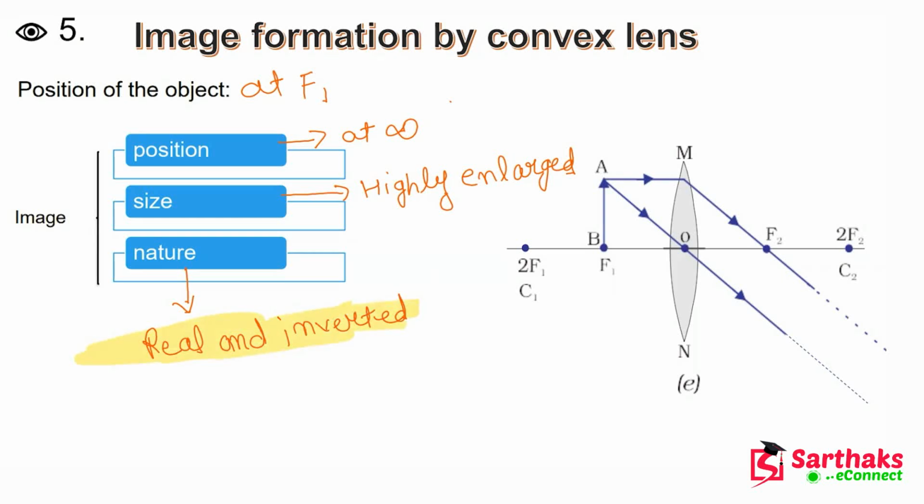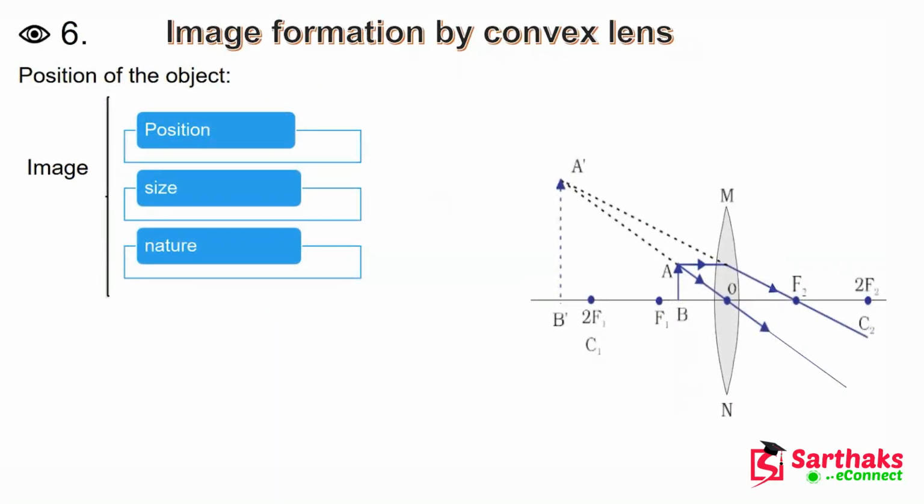Okay, I hope you got my point. Now let's move on to the next slide and discuss the last case of the convex lens. It is a very, very important case. In the previous cases, we have been bringing the object closer to the lens.